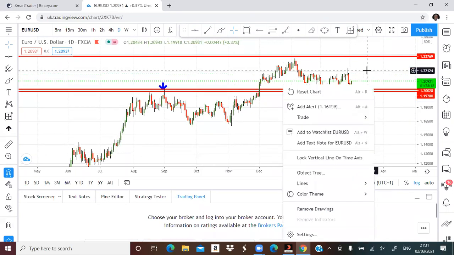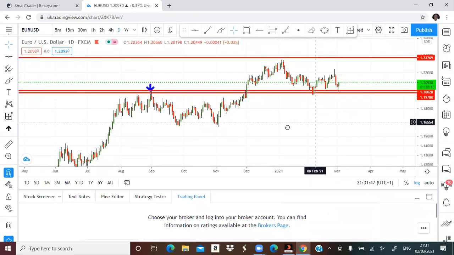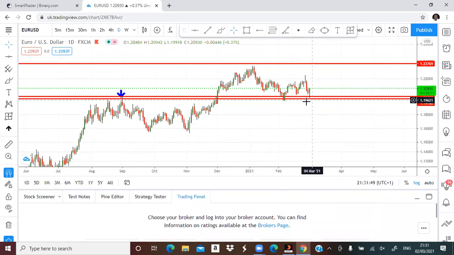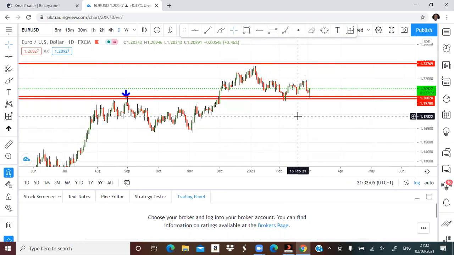So whenever price gets to this zone, you are going to be looking for trade opportunity. But for this class, our goal is to learn how to draw this zone perfectly. This class is not to know how to trade it, but let us learn how to draw this zone perfectly.